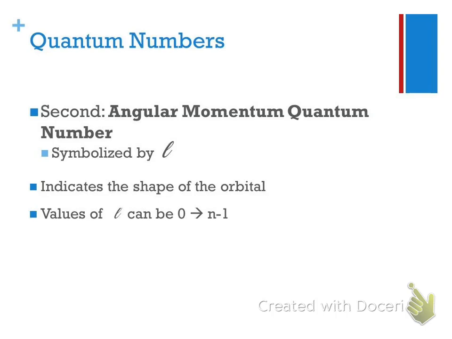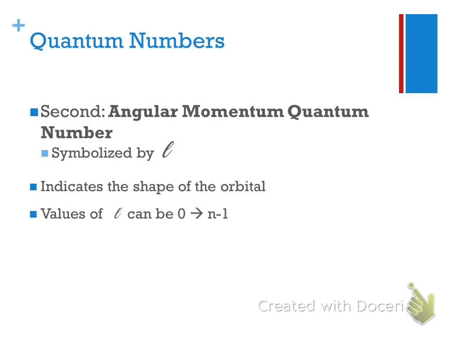Values of L can be 0, that would indicate that it's an S orbital, through n minus 1. There are some exceptions to that rule, but that's the general formula, and I'm going to show you why that is the case. 0 through n minus 1.